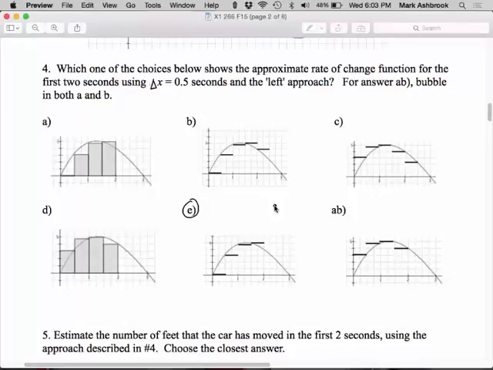Okay, so that E is showing for 2 seconds an approximate rate function based on the left side of each interval. And then in number 5, it said estimate the number of feet moved in the first 2 seconds. So I think this rate function was called f. To estimate that number of feet, we're going to add up all the total amounts of feet from these constant rates, right? So what's this constant rate at?